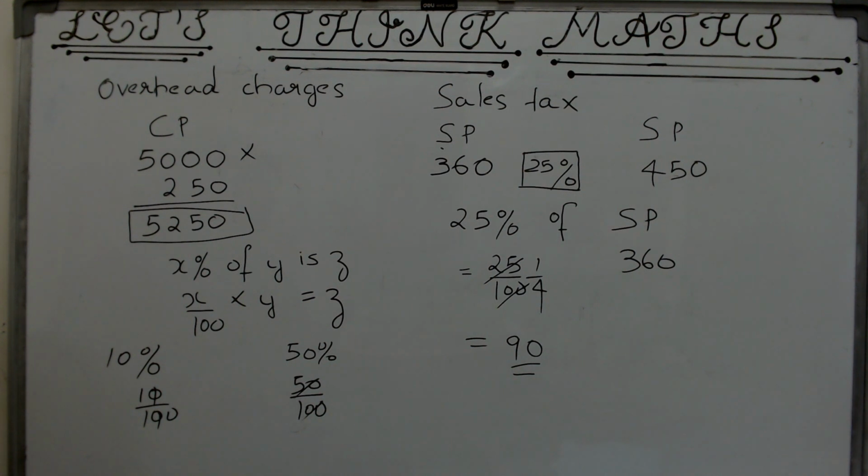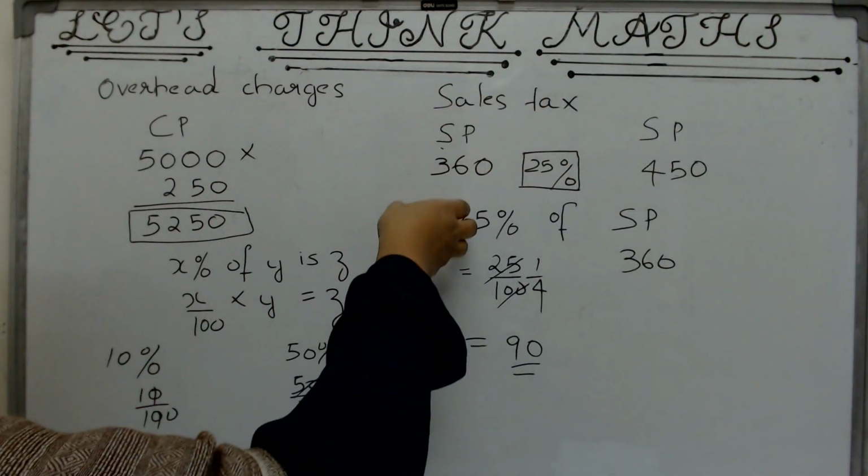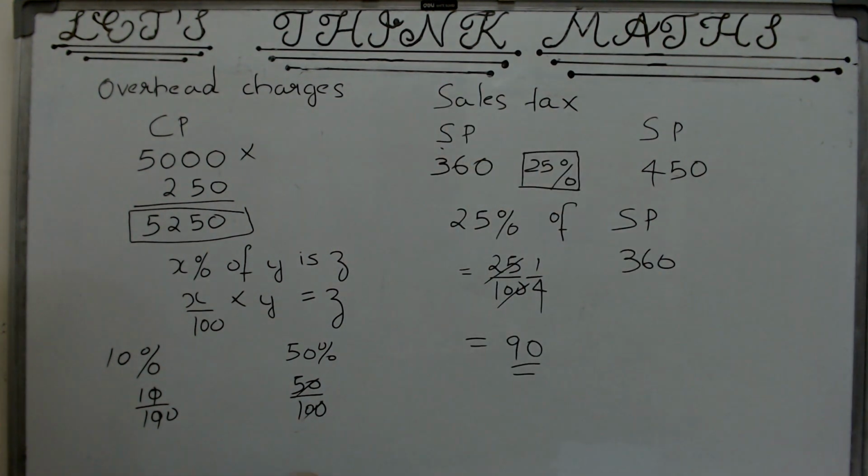That which we call a rose by any other name smells as sweet. So sales tax is also the same. You call it by any other name, it is a headache. What does it do? It actually gives you a higher selling price. So instead of 360, you are paying 450. Whatever name you call it, it is a headache because you have to pay more for the same quantity.